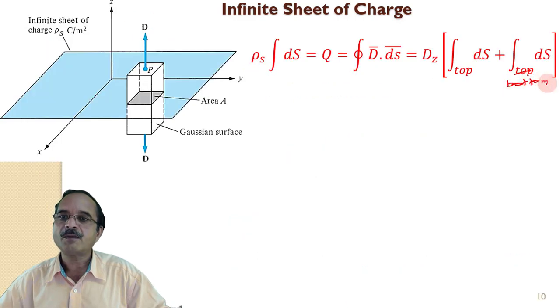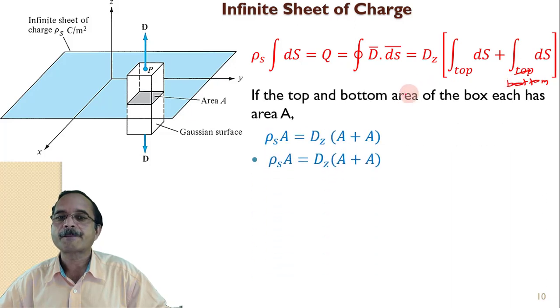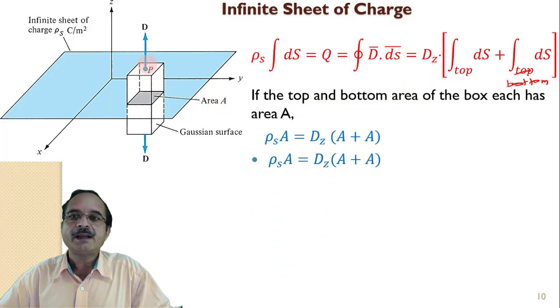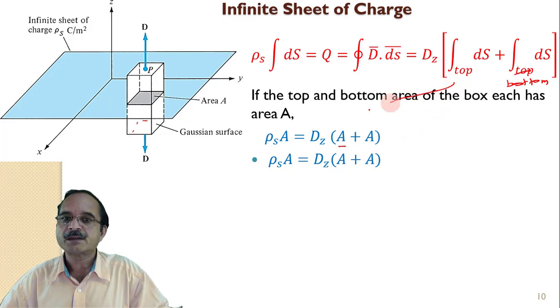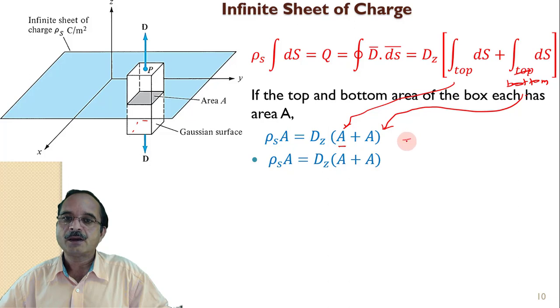Integral dS on the top surface is nothing but area A, and in the same manner, the integral over the bottom surface is the same area A. So substituting this, which is A, and this is also A, this gives me rho s A equal to 2A Dz.